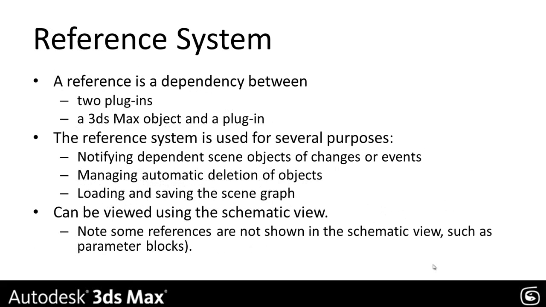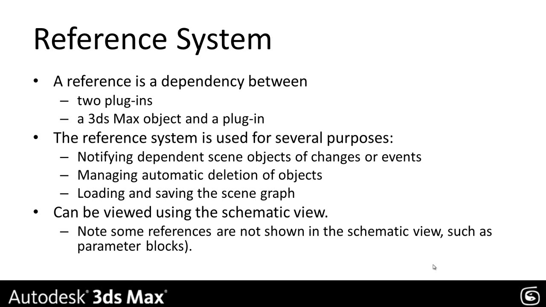So that leads us to just a quick discussion about the reference system. The reference is a dependency between either two plugins or a 3ds Max object and a plugin. And that's a very basic way of forming it. But we can have, like in the previous slide, an example of a particle system owning the particle nodes within it.